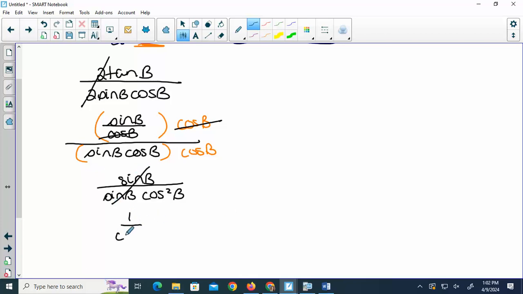We have 1 over cosine squared b, which is secant squared b, and that's what we want. All right, is that one okay? Number 16.